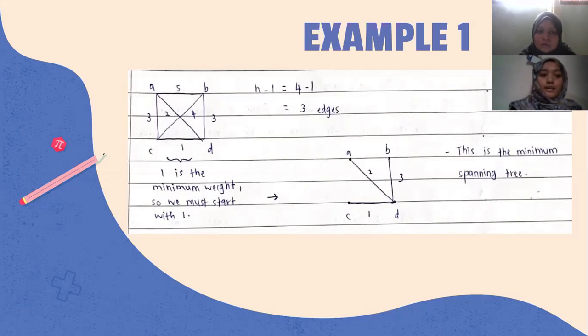So we take the other edge with weight 3 because it will not form a cycle. So right now we already have 3 edges, and our first minimum spanning tree is complete.